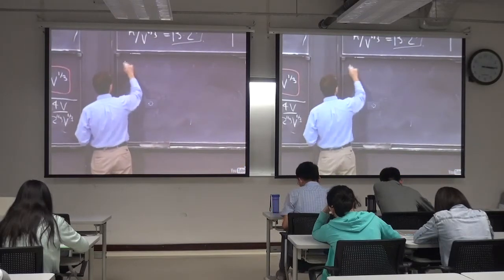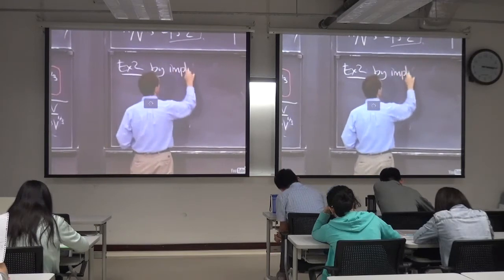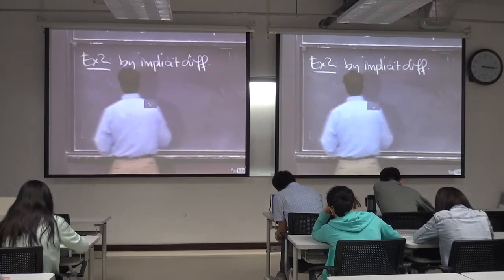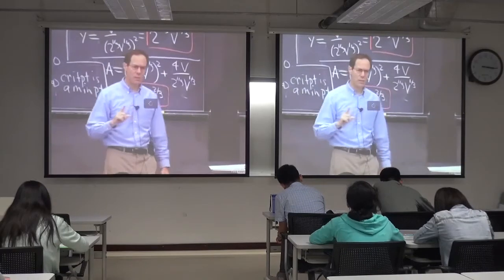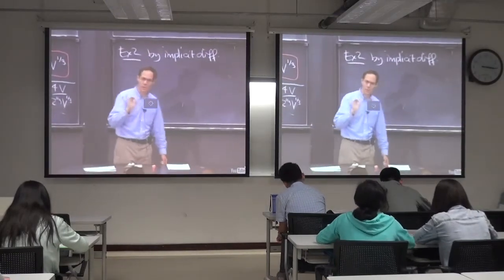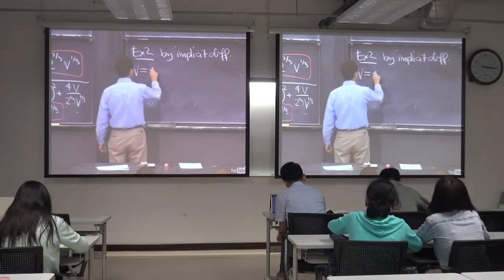So here's example 2 by implicit differentiation. So the same example, but now I'm going to do it by implicit differentiation. And I'll tell you the advantages and the disadvantages to this method here. So the situation is we have to start the same way.